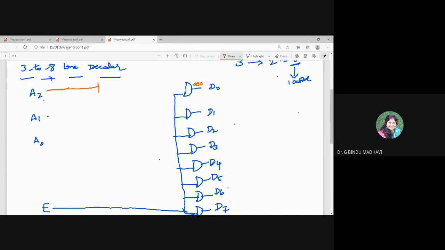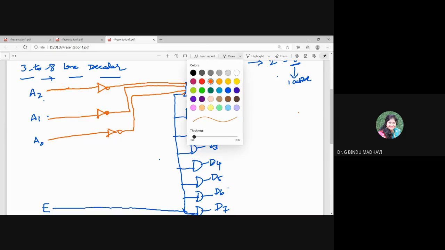So I am taking A2 complement first, next A1 complement because all should be 0, and A0 complement. So if A2, A1, A0 are all zeros, D0 will be active. Are you following, ma'am?